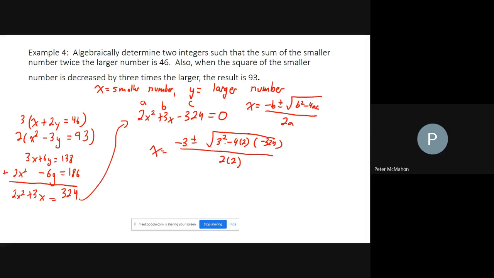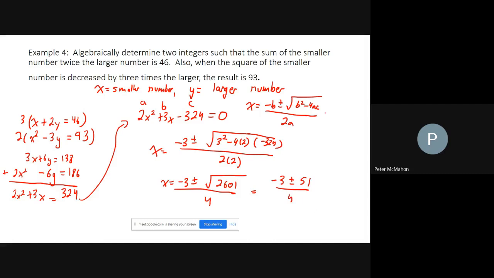I'm just going to figure out what this value is in my calculator here. 3 squared is 9 minus 4 times 2 times negative 324 is 2601. Yikes, nasty number there. Square root of 2601 is 51. That's very nice. Equals negative 3 plus or minus 51 over 4.